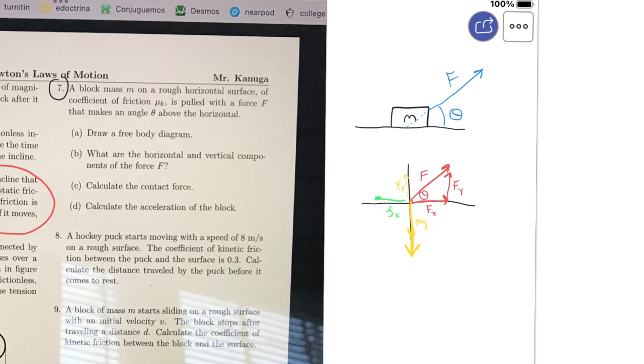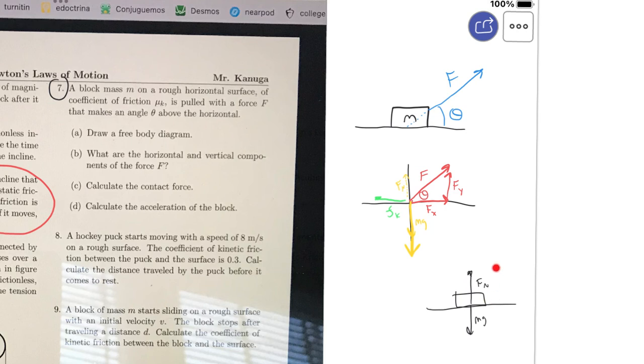So for my student at home, just so you understand what I'm talking about, you're used to the box having a weight called mg and a normal force that's equal to the weight. But the way to think about a normal force is that the block is pushing down on the ground, and the ground is pushing back.